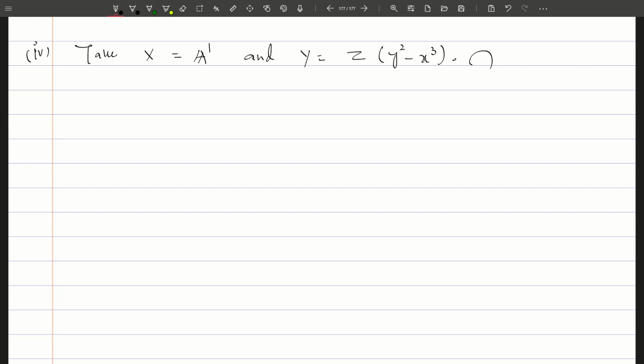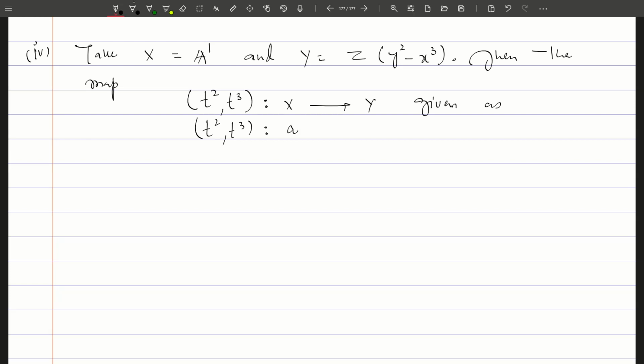So then the map, we define this map to be t square, t cube, from the set X to Y, given as this takes the point a in the one-dimensional affine space. So note here, Y is a subset of the two-dimensional affine space. So this a goes to (a square, a cube).